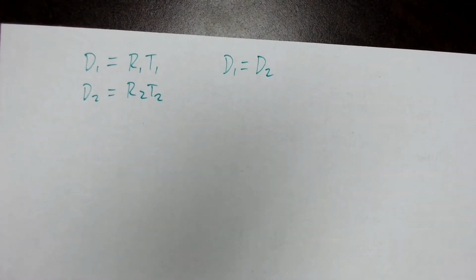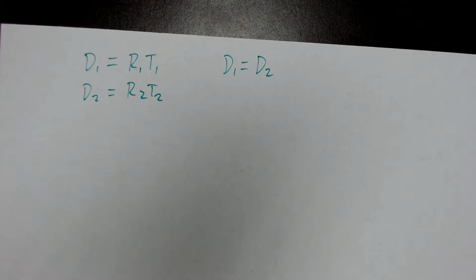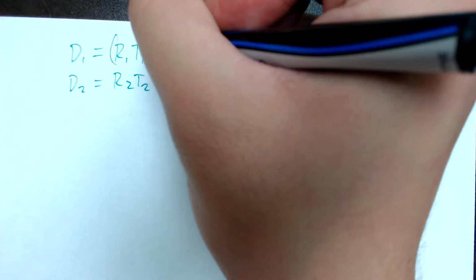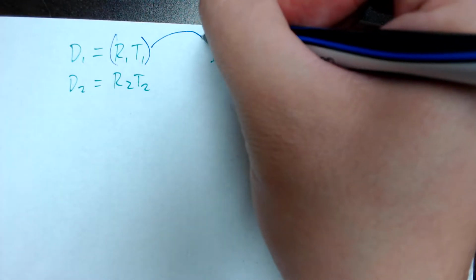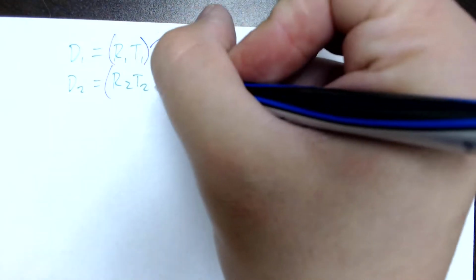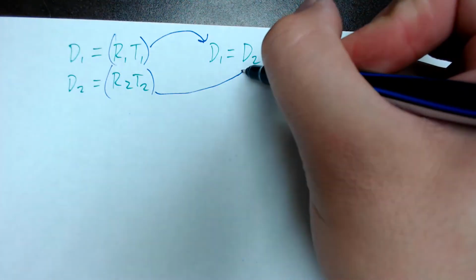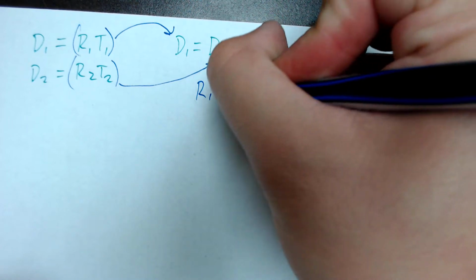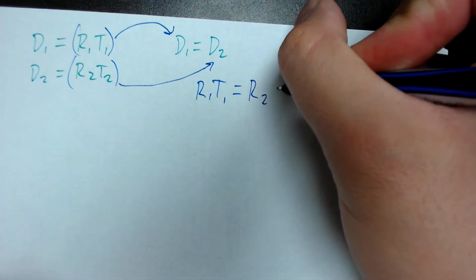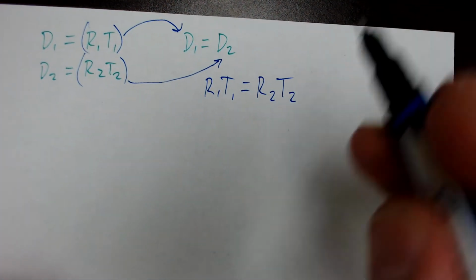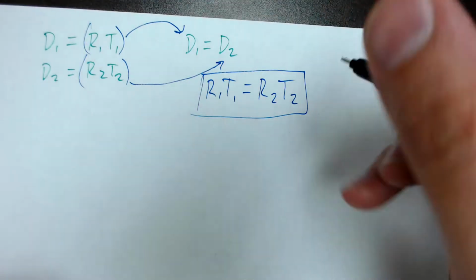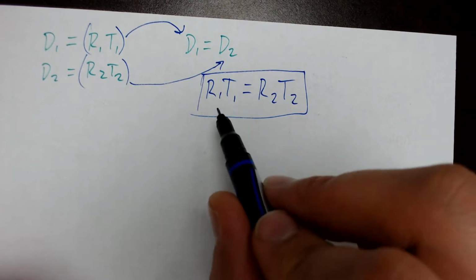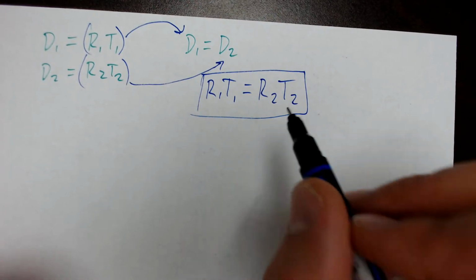Think of it in terms of substitution: if I substitute rate 1 times time 1 for distance 1, and rate 2 times time 2 for distance 2, I get rate 1 times time 1 is equal to rate 2 times time 2. So remember, if you have equal distances in your word problem, rate times time is equal to rate times time.